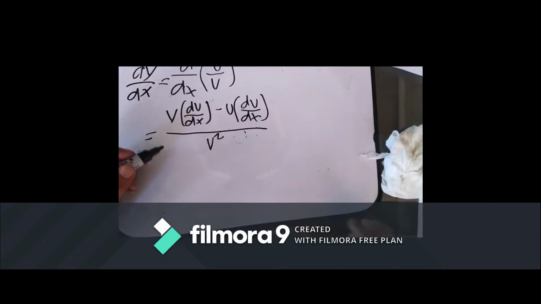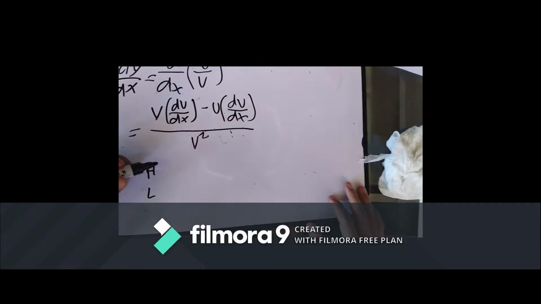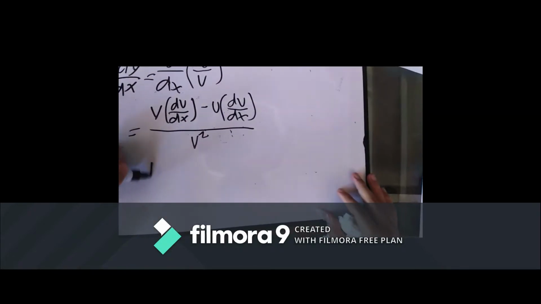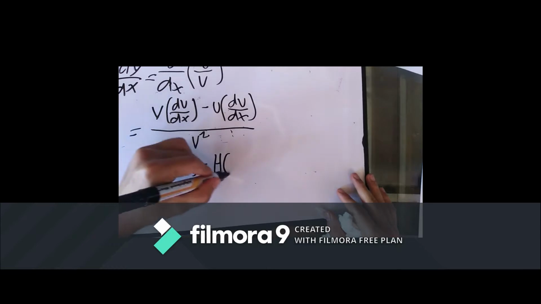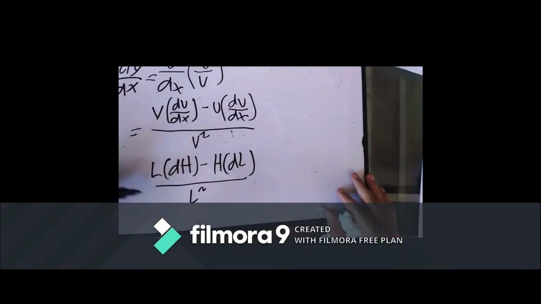Or you can also write it as high and low: the low times derivative of high minus high times derivative of low over low squared.